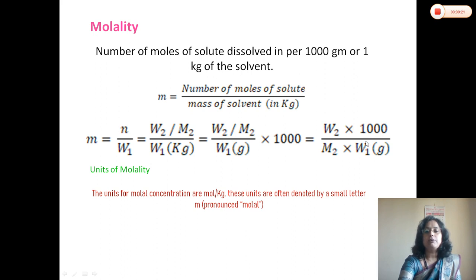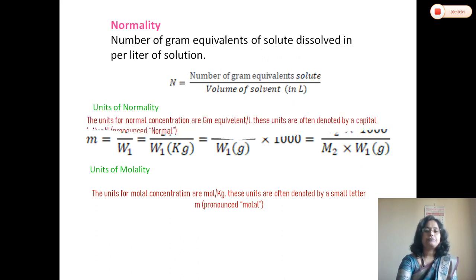So our resulting formula is W2 into 1000 upon M2 into W1, where W2 is the weight of the solute taken, M2 is the molecular weight of the solute, whereas W1 is the weight of the solvent taken for the preparation of the solution. Now about the unit of molality, the unit is mole per kg, but it is often called the molal solution and denoted by the small m.